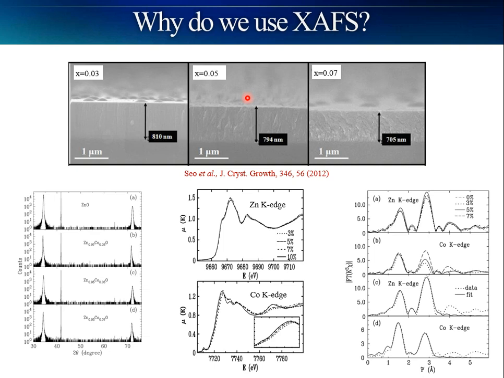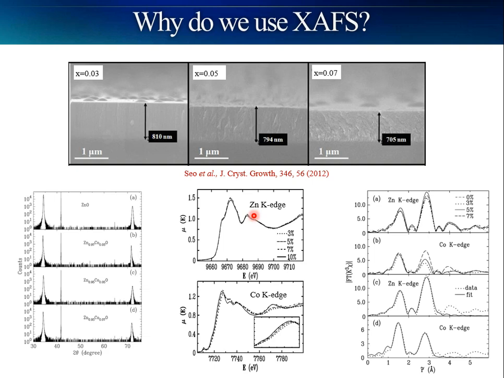XRD is a common method to demonstrate the crystallography of materials, but it is not adequate to examine nanostructures, dilute materials, and amorphous materials due to insufficient scattering sources. Okay, look at this example. This is a cobalt-doped zinc oxide film, which has dilute magnetic properties because of cobalt.